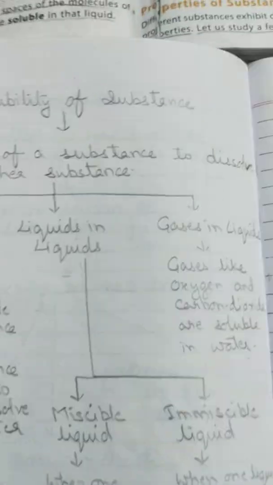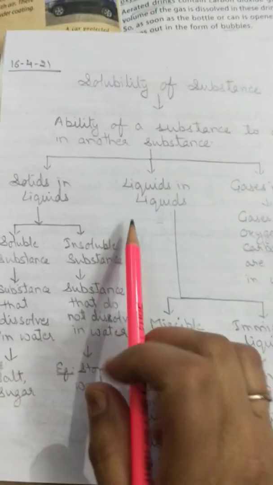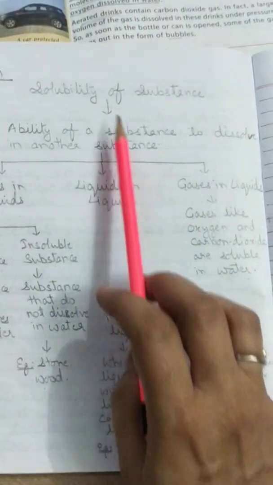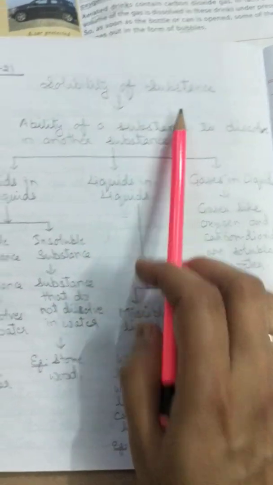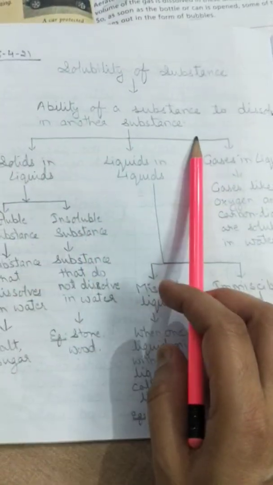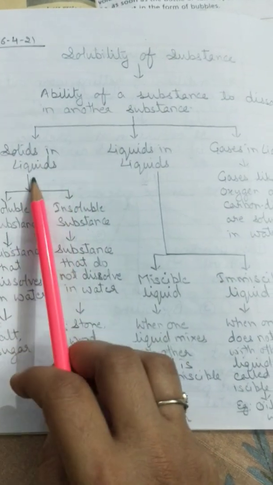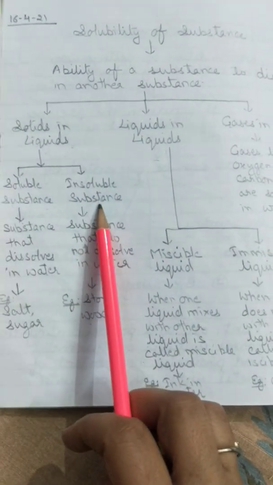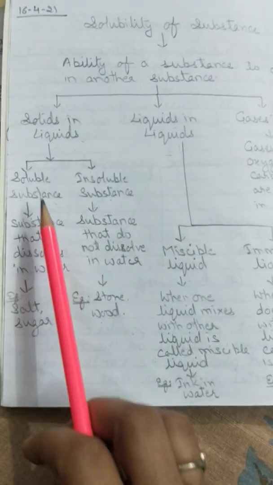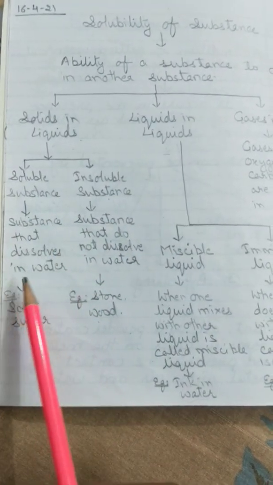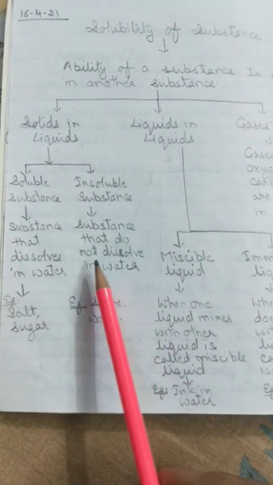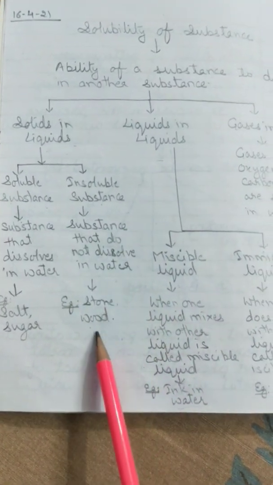Now this table we have already done, that is, the ability of a substance to dissolve in another substance is called solubility of the substance, right? You can write the definition in this manner also. Solids in liquids, two types are there, soluble substance and insoluble substance. Soluble substance means which can dissolve in water like salt, sugar. Insoluble, which do not dissolve in water like stone, wood.